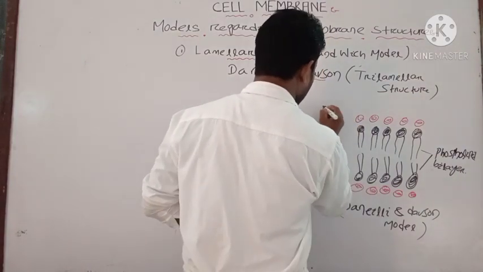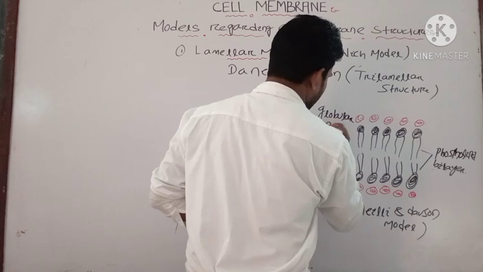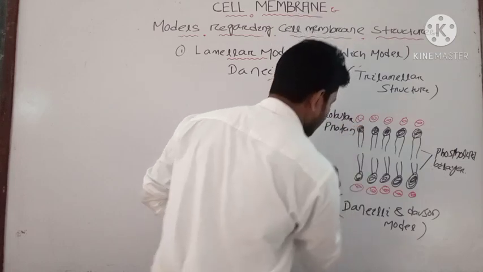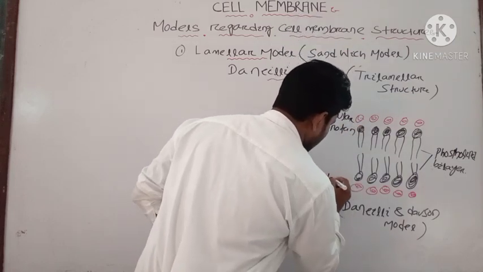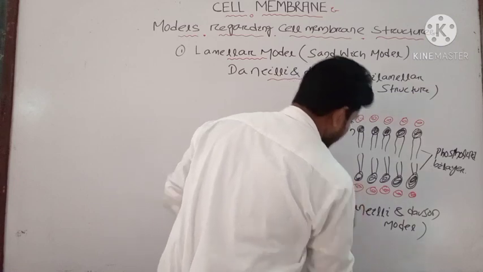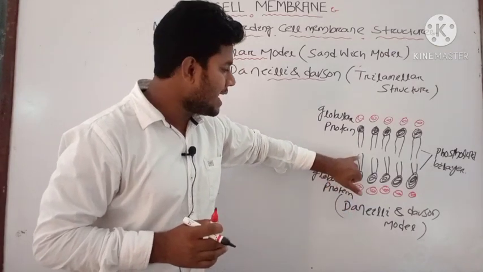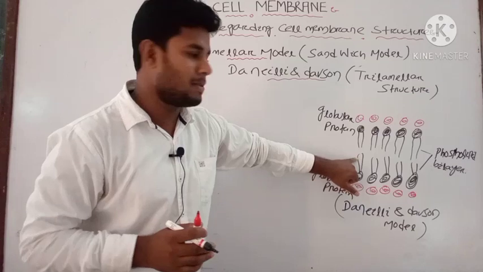This is known as your globular protein. This is also globular protein. Okay. This structure is known as your head of the phospholipid bilayer and it is known as your tail of the phospholipid bilayer.